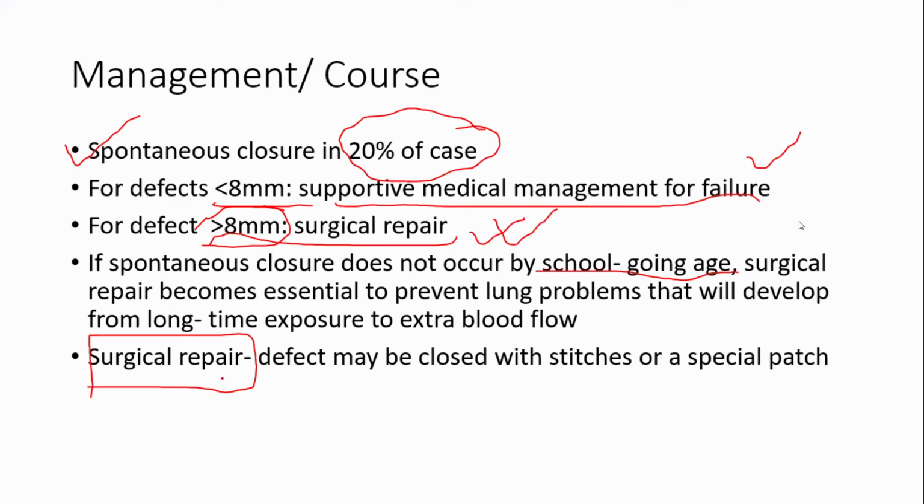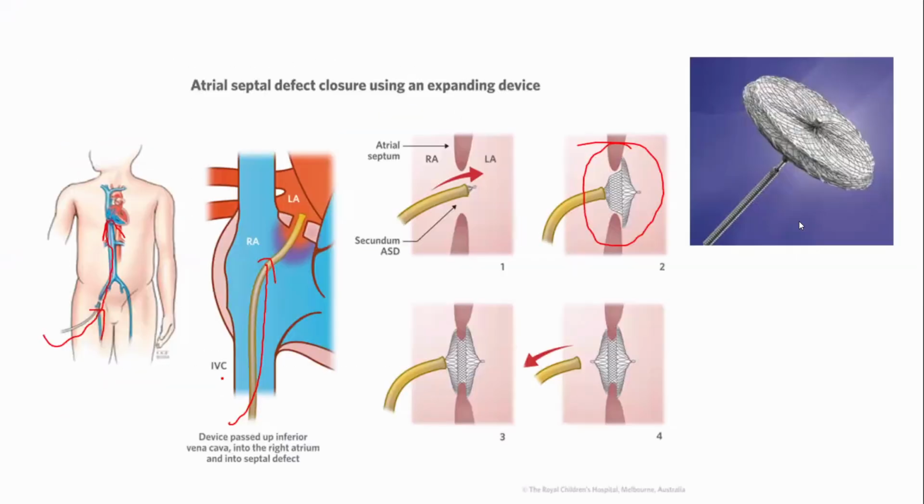And surgical closure is device closure via the device which we send through the vein, and it goes into the heart. You do not do open heart surgery. You send the catheter to the right atrium, where there's a device like this which opens up and closes the defect. This device will remain inside the child, and this is how ASD is closed. This is the device that we use.